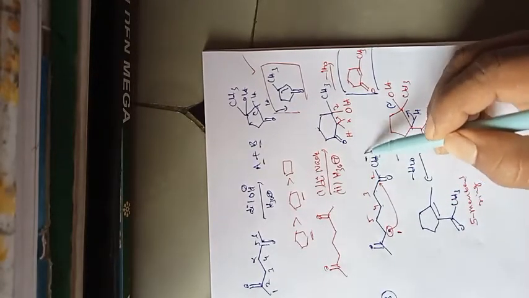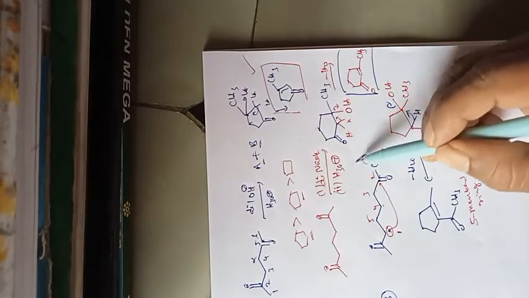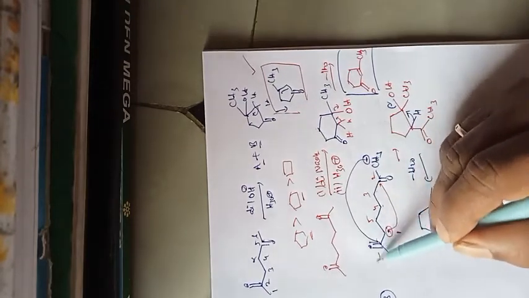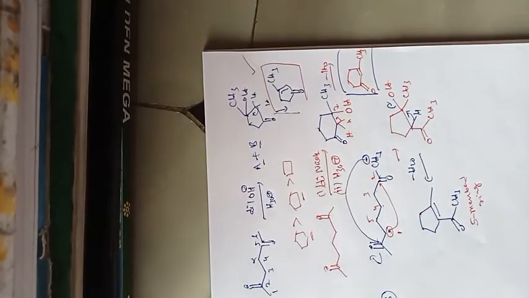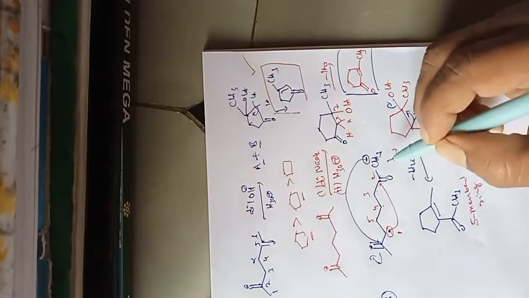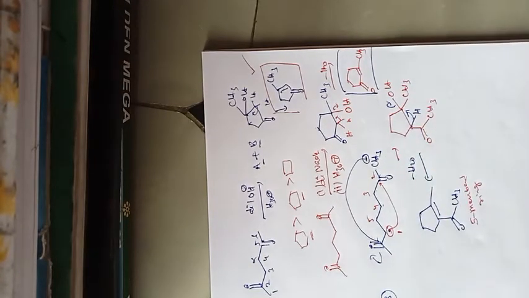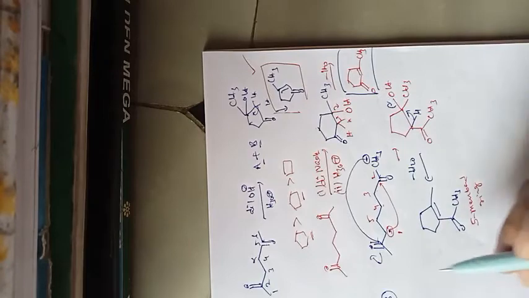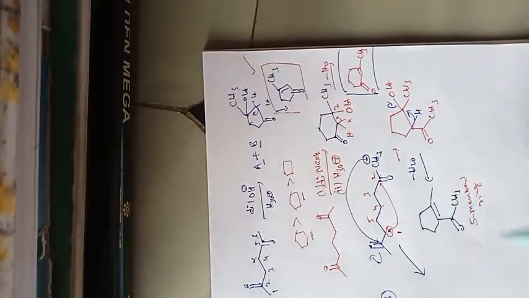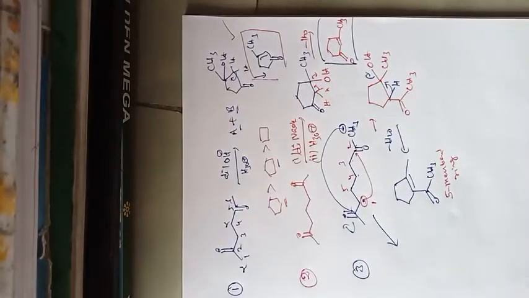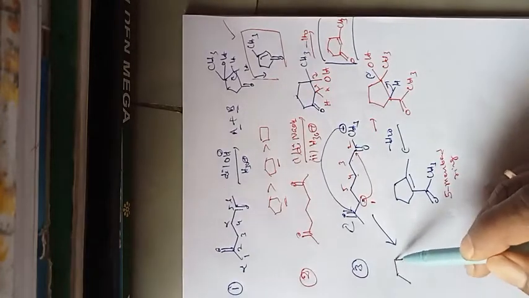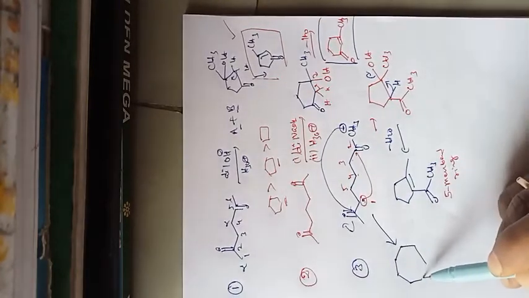For example, this carbonyl carbon is converted like this. This is the intramolecular aldol condensation reaction, and in this case there is a possibility of a 7-membered ring.